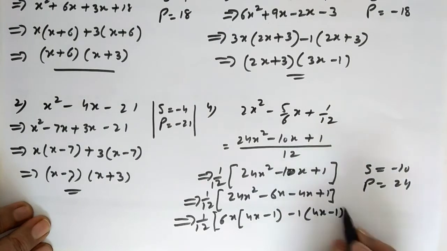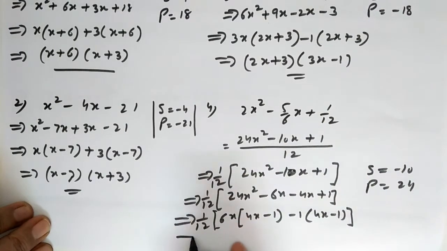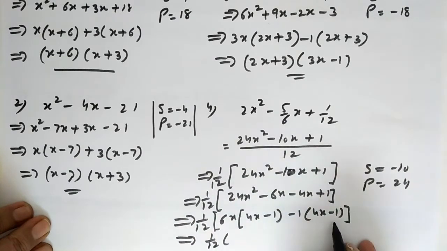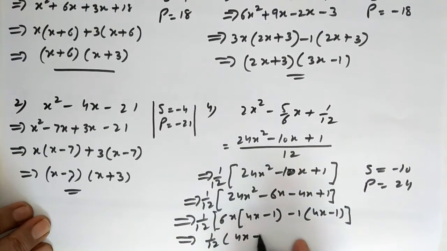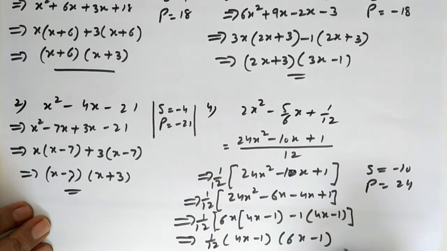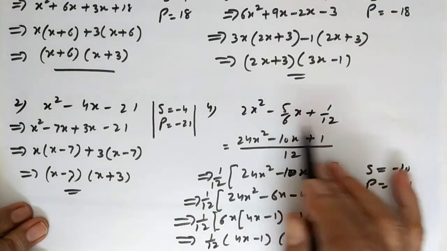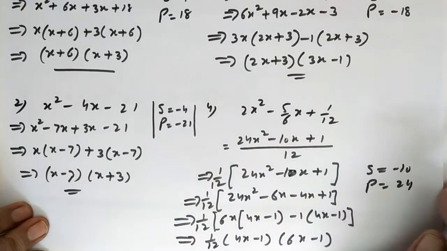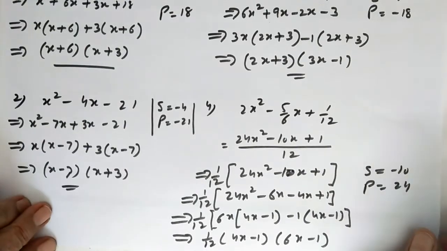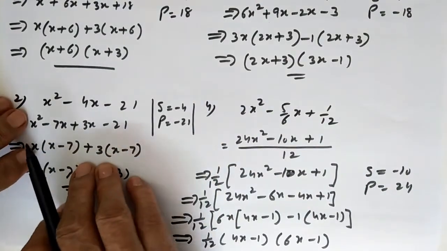Both brackets always come the same, beta. So it will be 1 upon 12, 4x minus 1 and the second is 6x minus 1. These are the factors. If you have fractions or rational numbers like this, you have to take the LCM to solve this.